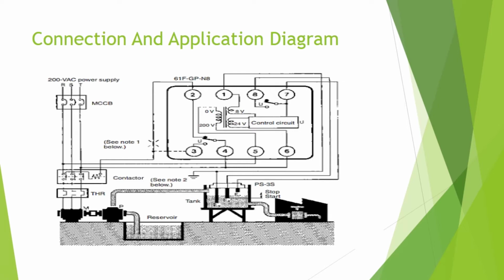You can use either 220 volt AC or 24 volt for the contactor coil; it depends on your application. If you are using a 220 volt coil contactor, you can use 220 volt AC here. If you use a 24 volt DC contactor, you can use 24 volt at the common.